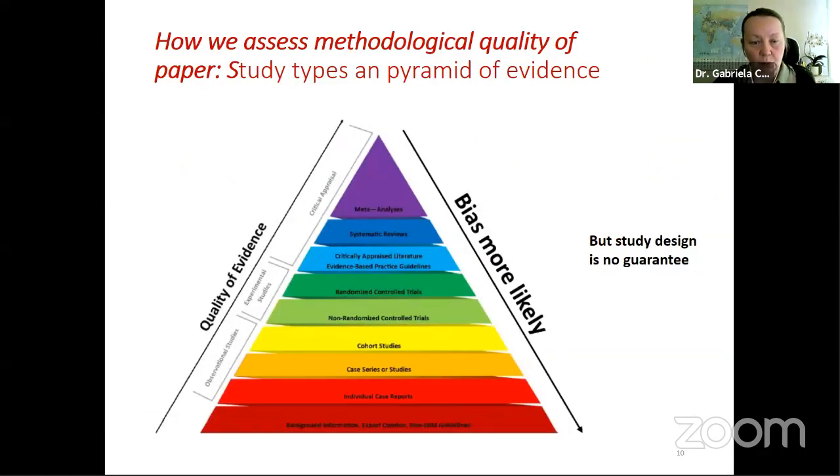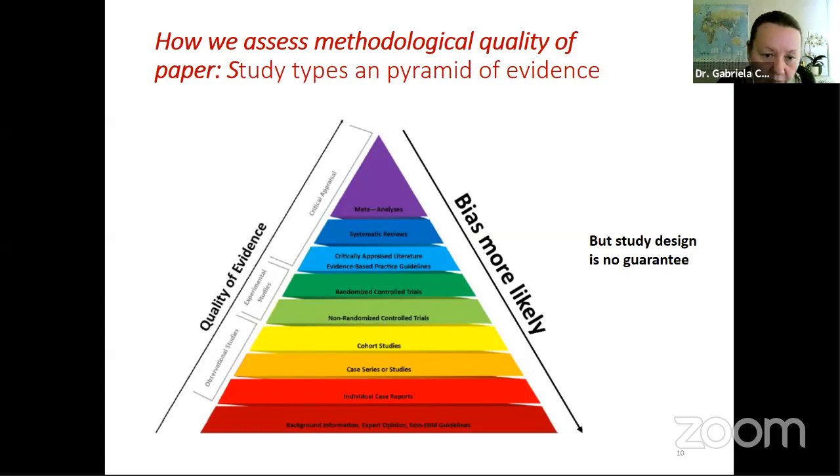So there are some different types of designs, and to be complete, I also decided to put here this pyramid of evidence, which is something that we should always have in our mind when we are reading papers. It says that different types of clinical study designs give a different strength of evidence.